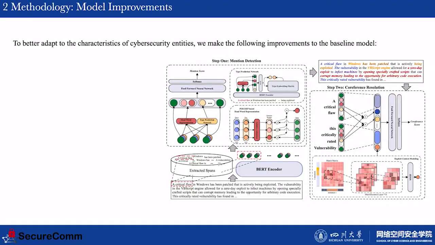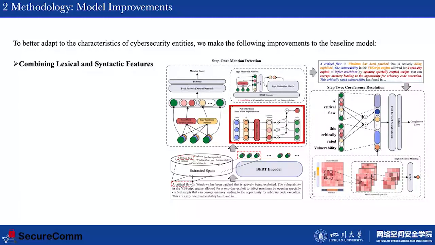Next, I'm going to introduce a bit more detail as well as the improvements proposed in our work to help you understand our work better. In this work, we make the following improvements to the baseline model to better adapt to the characteristics of cybersecurity entities.